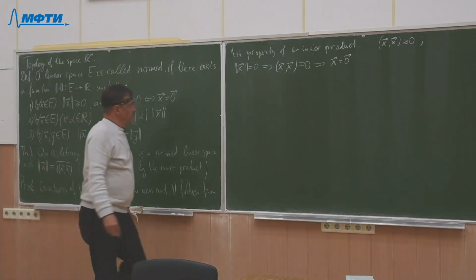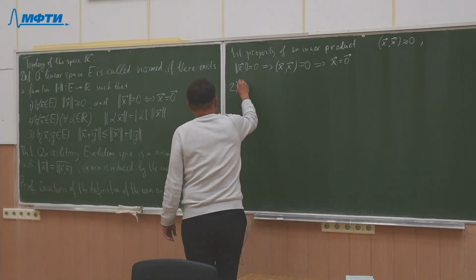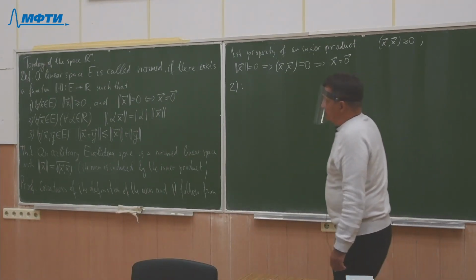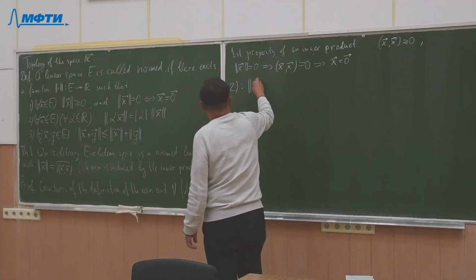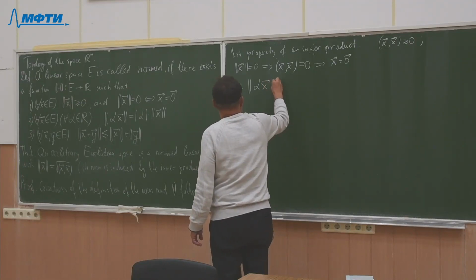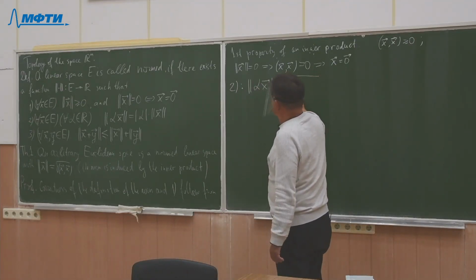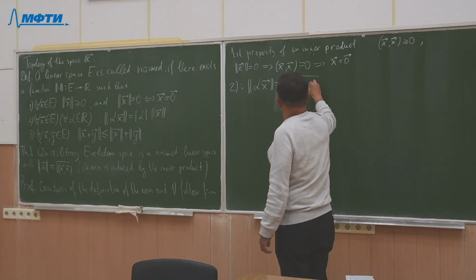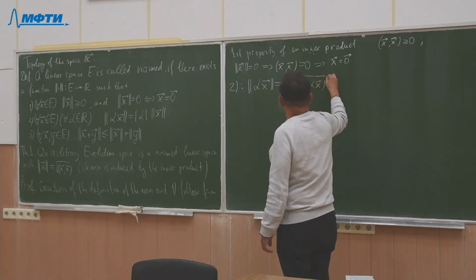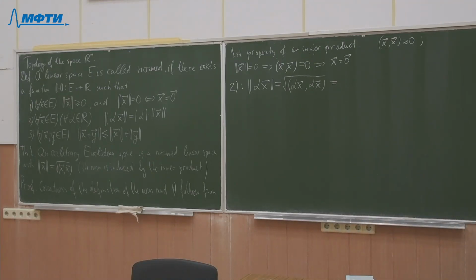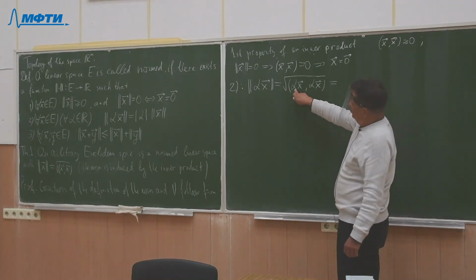Now look at the second. Once again we substitute into the definition: the square root of alpha x times alpha x. And remember properties of the inner product.